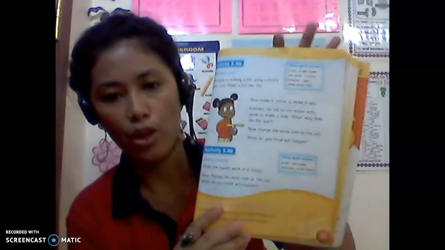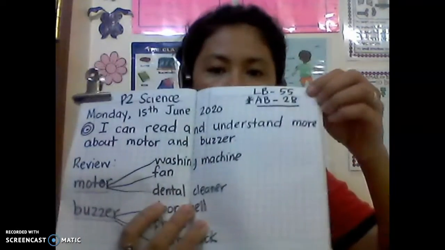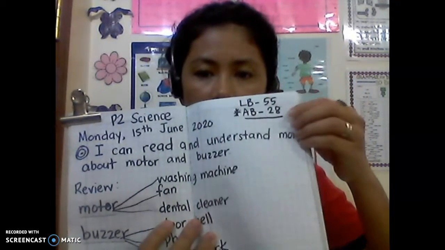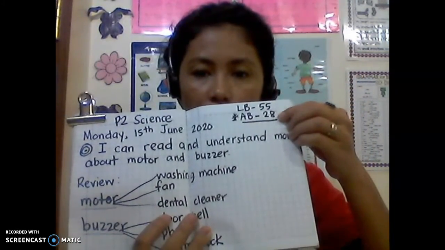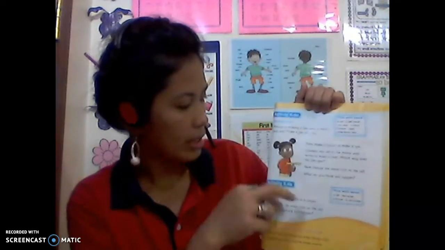So if you have your book with you, please open it to page 55, and for your assignment, activity book, page 28. For activity 5.4, there are two activities here.